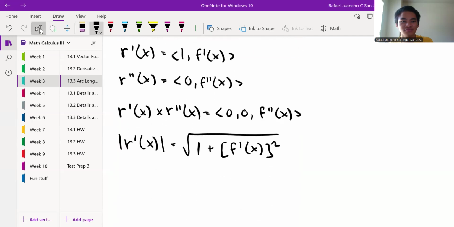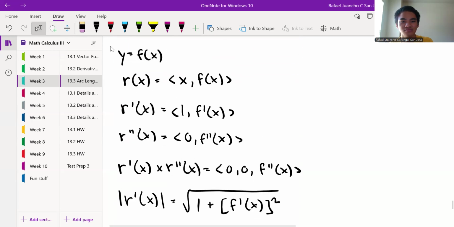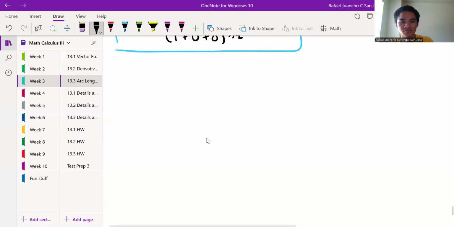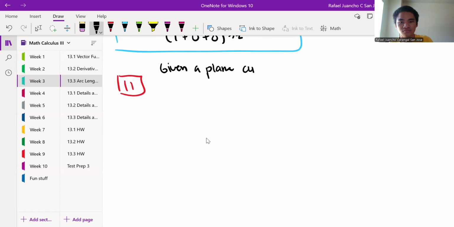So if I just take this out, given a plane curve, so here we're just extrapolating ideas. Given a plane curve, let's say the plane curve is y equals f of x.